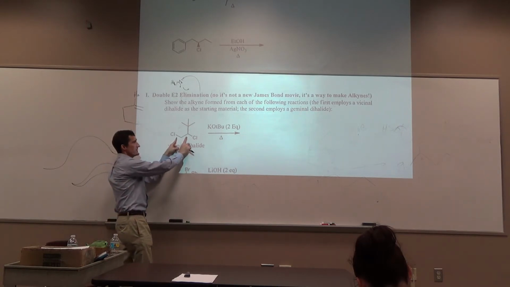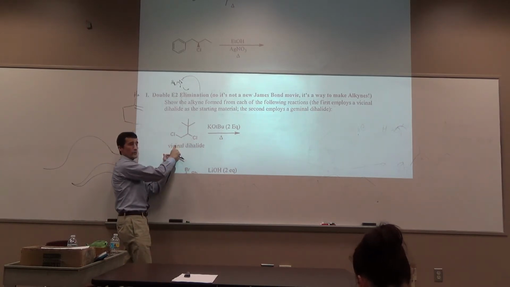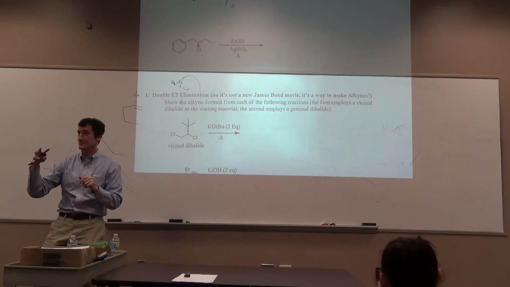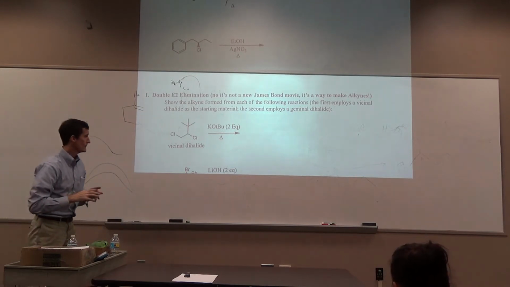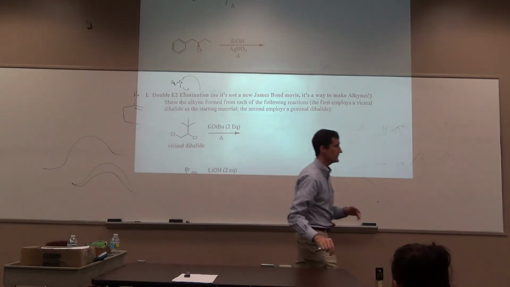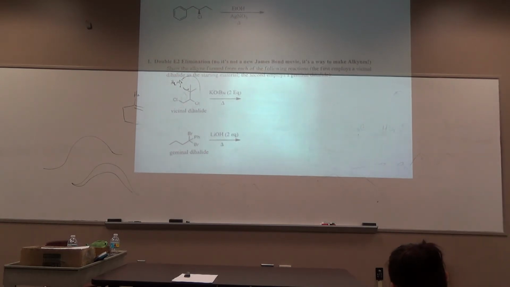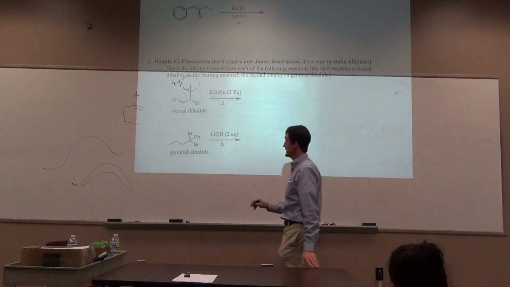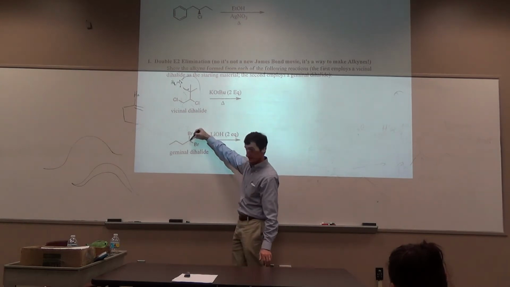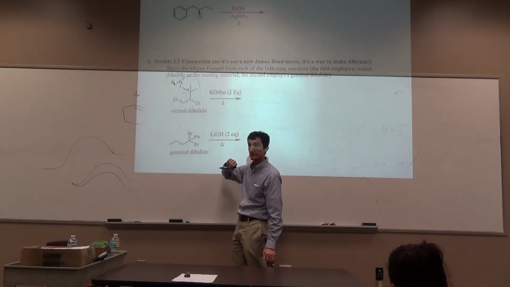They can either be vicinal, that is next door to each other, in the same vicinity, which is what vicinal means. Or they can be geminal. Geminal means they're twins. They're on the same carbon. Okay?